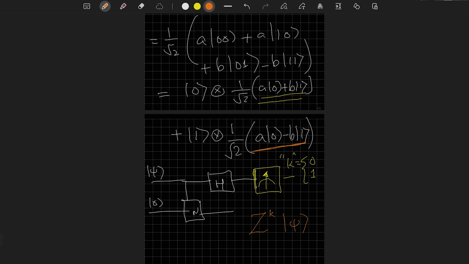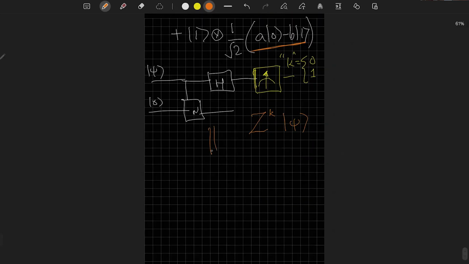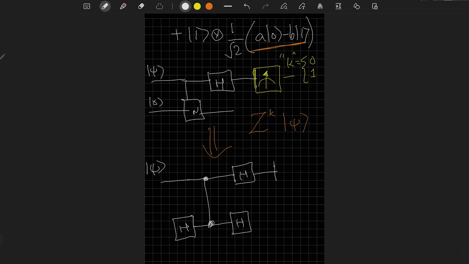So now let's try to modify this circuit in sequential steps. Instead of the NOT gate, I put a control phase gate with a Hadamard gate here and a Hadamard gate here. Just the same. The measurement outcome is k. So this is the same as the original Z^k.